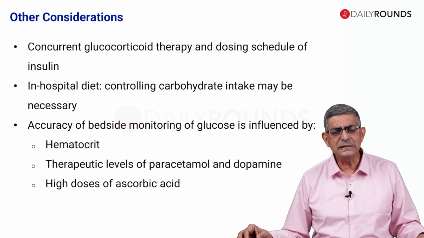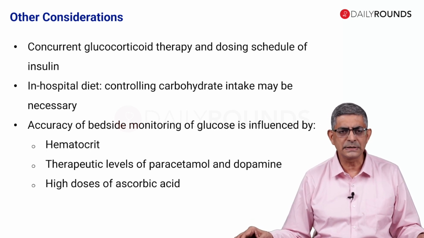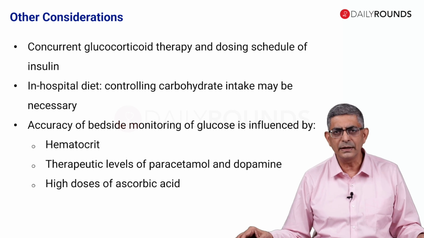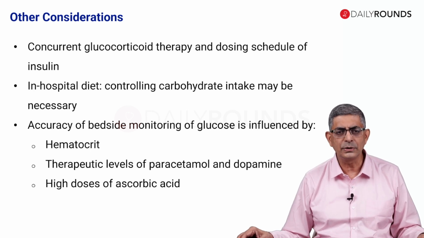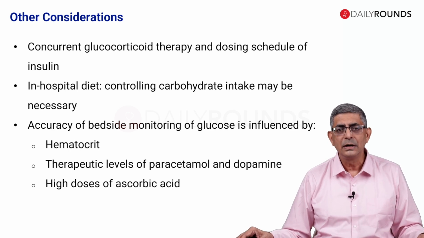Another consideration in hospitalized patients is the choice of therapy they are on. Glucocorticoid therapy can be an important determinant of hyperglycemia, and patients who get onto steroids may suddenly spike their blood sugars. This is particularly true in patients being assessed for transplants.